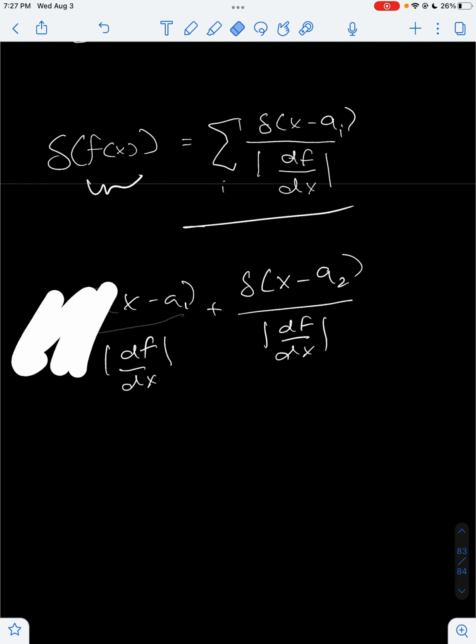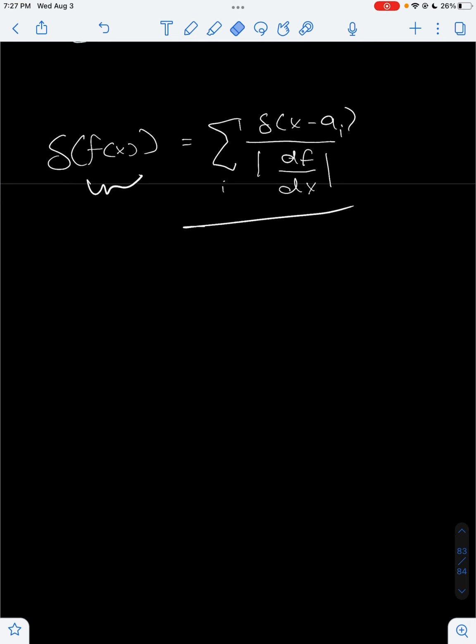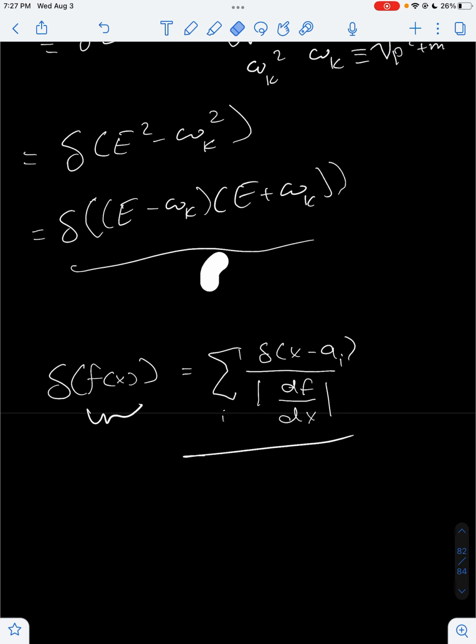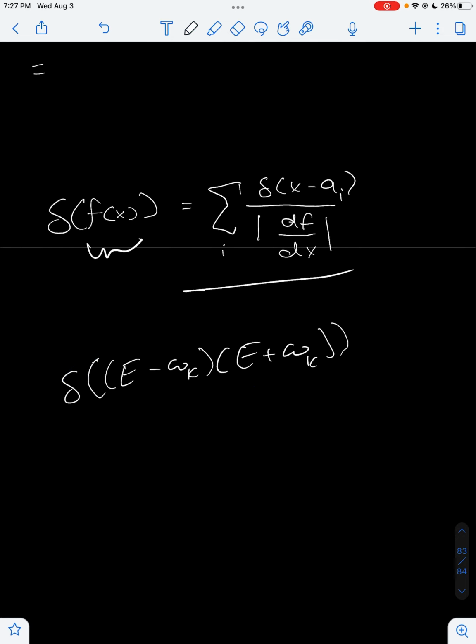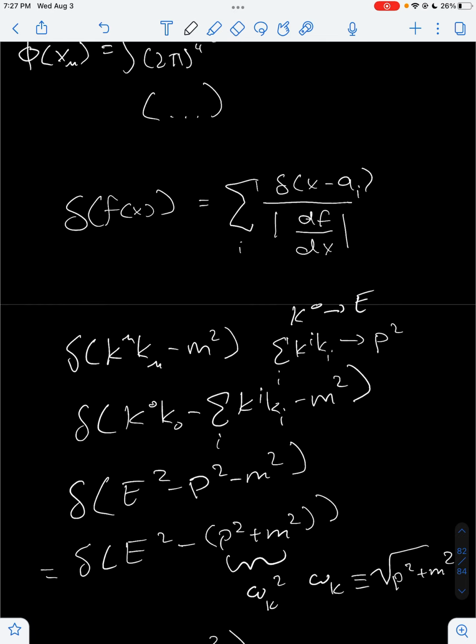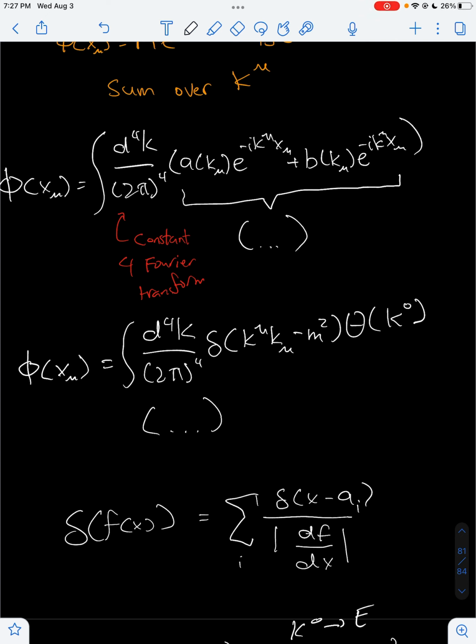So we can define f of x here. Let's just take this guy over here and isolate it. We can say that this whole thing is defined as f of x. Or in this case, it's really f of e, since e is our function, and we're of course integrating over e as well, since if we were to expand this, it's just dk3 and de.